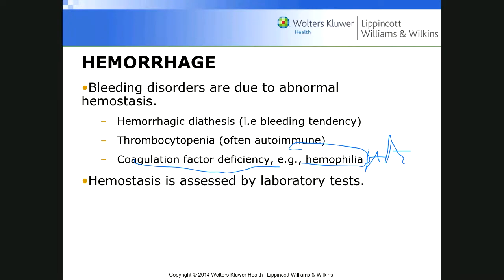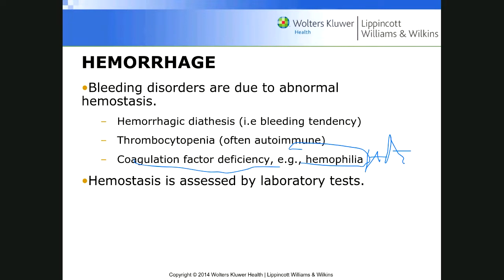And of course, platelets play an important role, right? There are some people who develop antibodies that will destroy their platelets, okay? Lysis of the thrombocytes, so your platelets, and consequently they have a lower platelet number, so we call this thrombocytopenia.